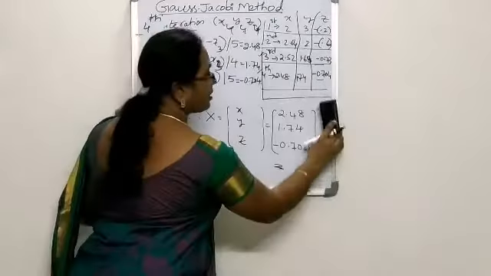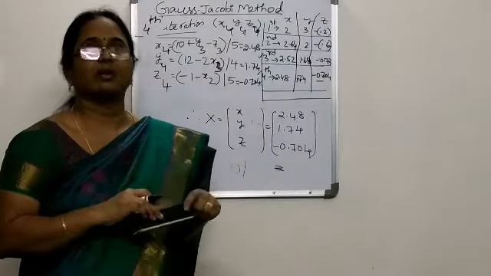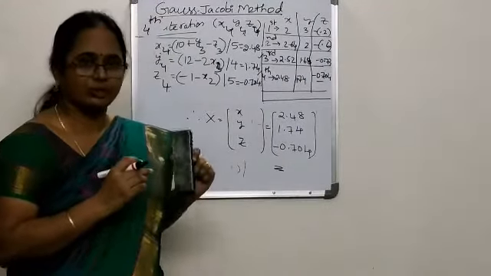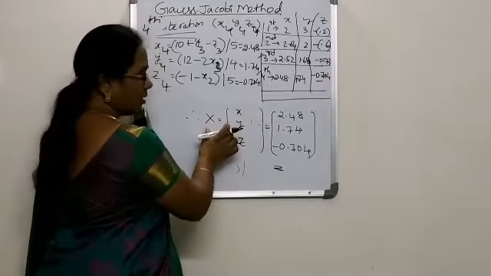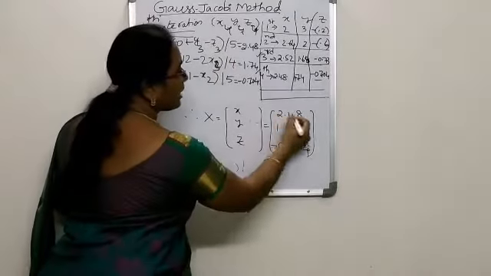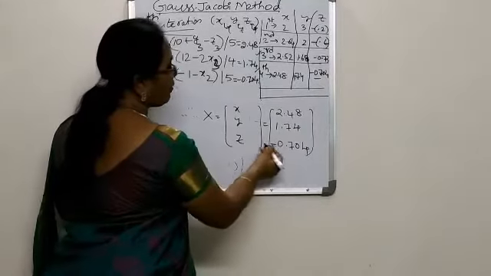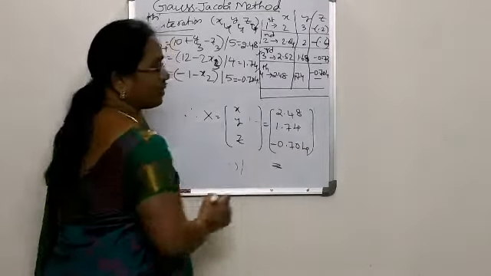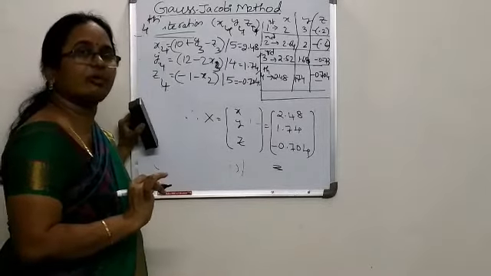But we don't bother about the exact solution because we are dealing with the iteration methods which can only give us approximate solutions. So our conclusion is here. The required solution from the Gauss-Seidel method is x equal to 2.48, y equal to 1.74 and z equal to minus 0.704. Am I clear? Did you all understand?